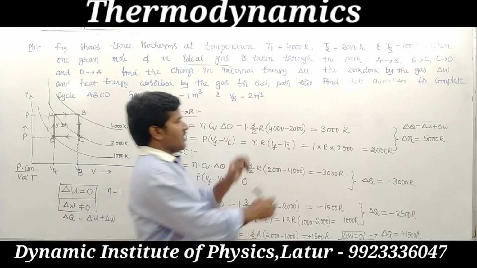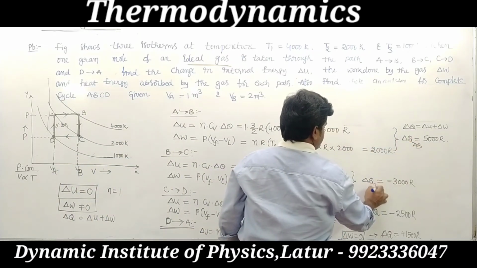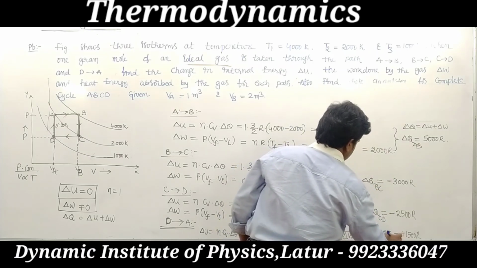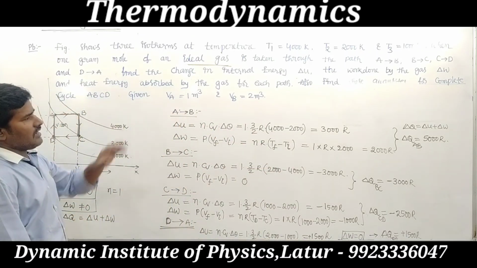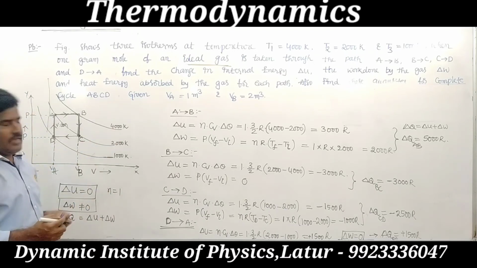So that means first is the AB condition, then the BC condition, the CD condition, and the D to A condition. Just check this. But what about the total internal energy, total work done and total heat?